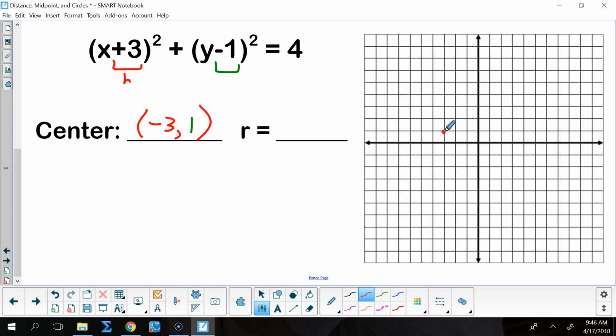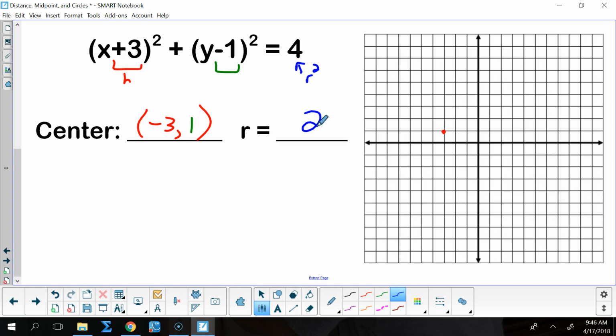Now, this number here is r squared. So I've got to square root that number to get it. R squared is 4, so r is 2. So in every direction from my center, my circle is 2 units away.